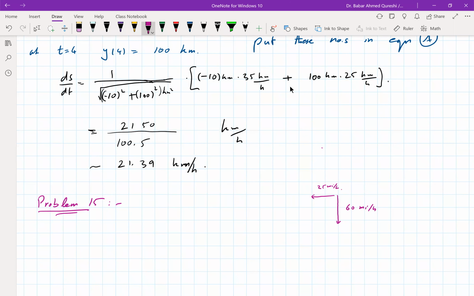And they both start from the same point. So that means at t equals 0, I can draw as usual the x and the y. This is the x axis, this is the y axis. And this is the directions of motion.